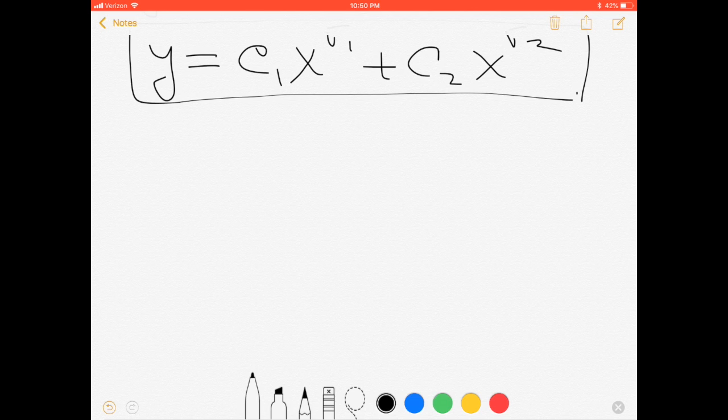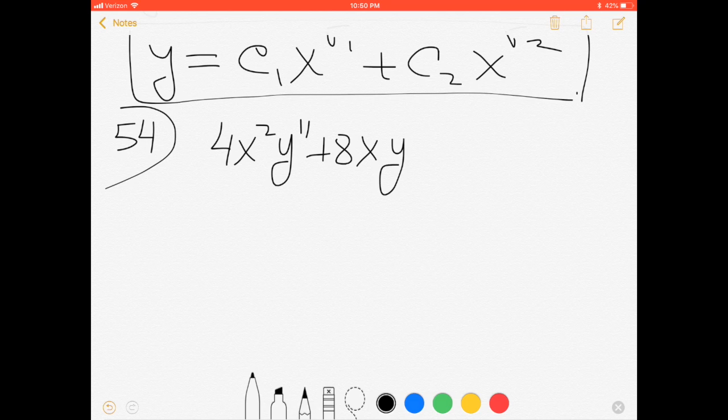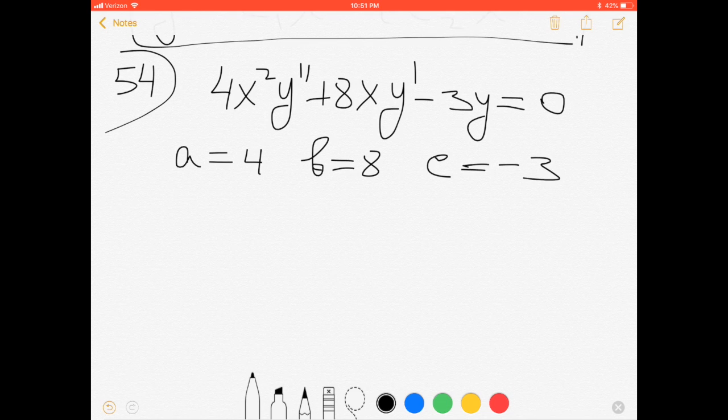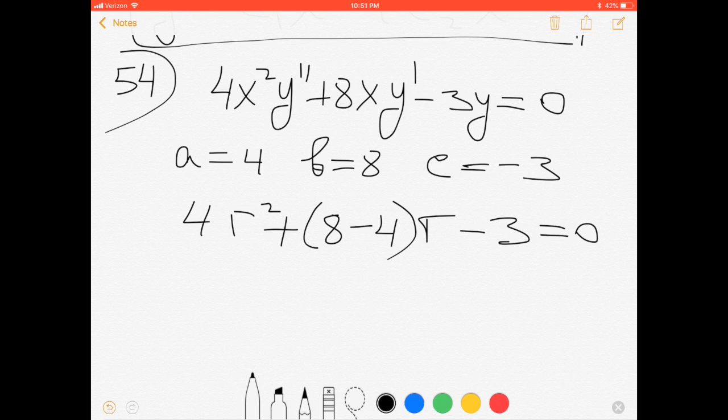Okay, doing an example. This is example 54. Here I have 4x squared y second derivative plus 8x y first derivative minus 3y equals 0. This means a equals 4, b equals 8, c equals negative 3. The characteristic equation will be 4r squared plus (b minus a), this means 8 minus 4, and minus 3 equals 0.